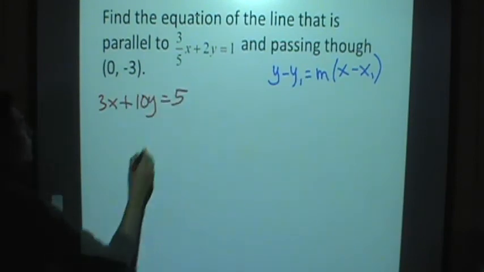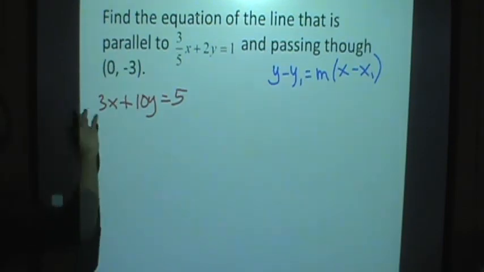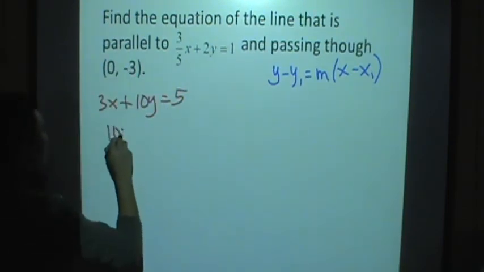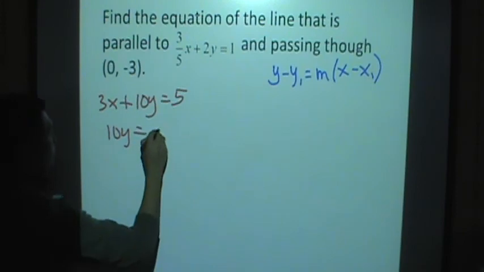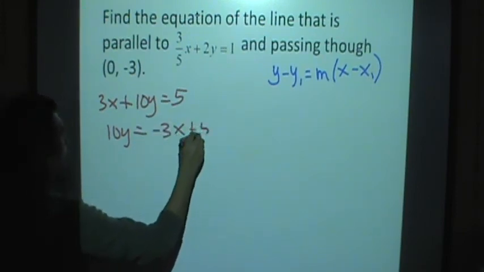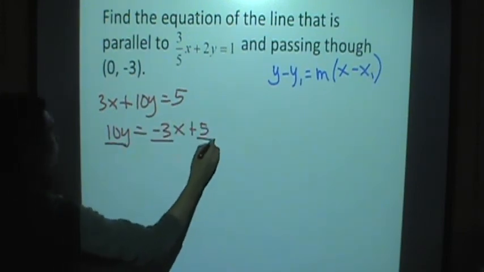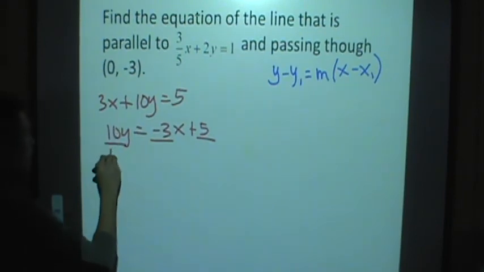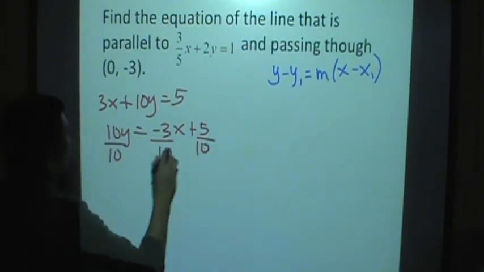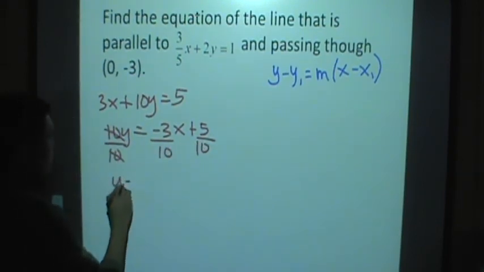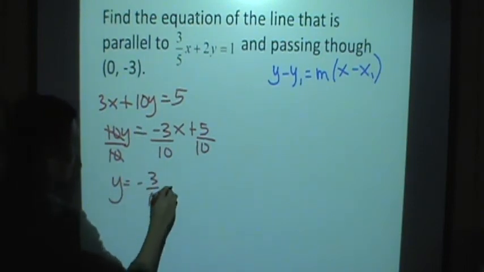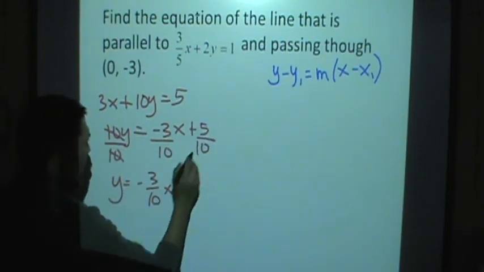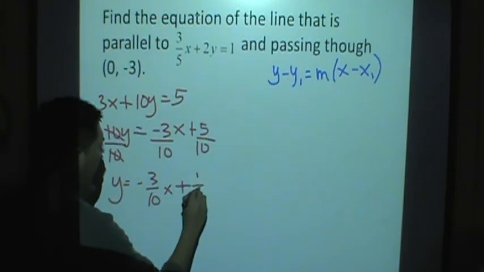And then move the 3x over. Now you have 10y equals 3x over becomes negative 3x plus 5. And then we need to have y alone, divide everything by 10. So now you have negative 3 over 10x plus 5 over 10 is the half.